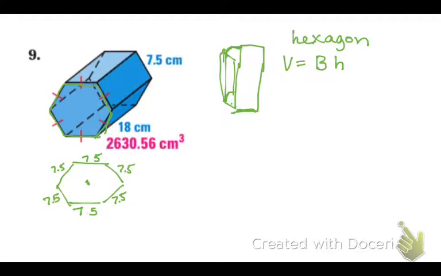And we know that to find the area of this hexagon, we're going to need to use the formula 1/2 the perimeter times the apothem, or the apothem times the perimeter, either way.